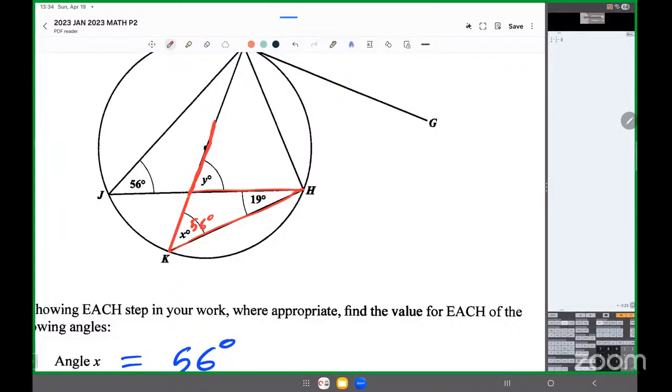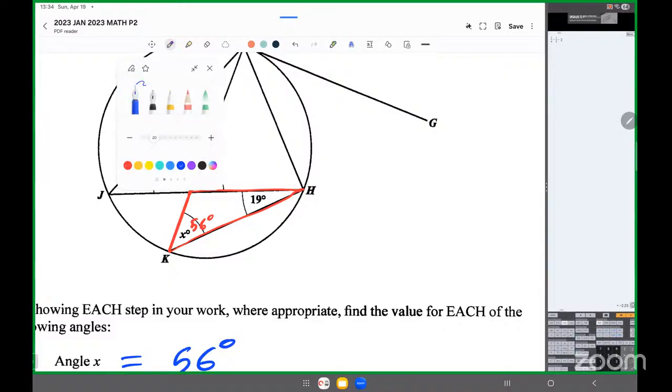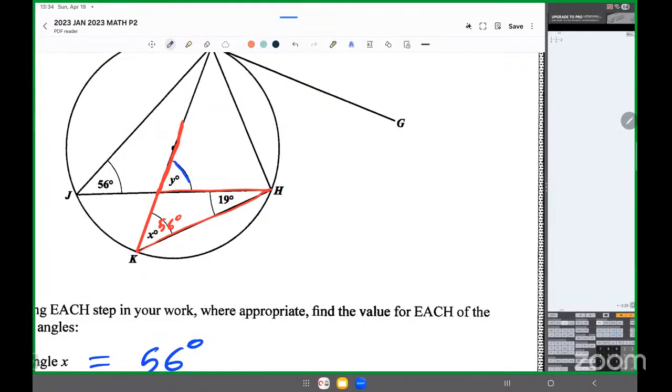That's what that angle is. That angle Y is an exterior angle of that triangle.